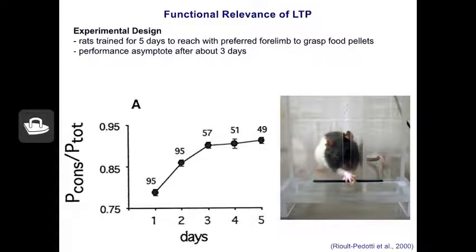Okay, I'm going to take a brief time out to tell you about something that I find objectionable in this experiment. If you look at the learning curve on the graph, they report how many rats were tested on each day of the experiment.